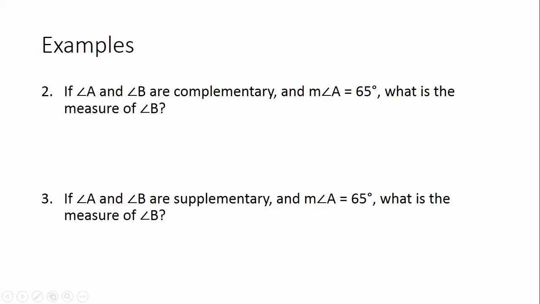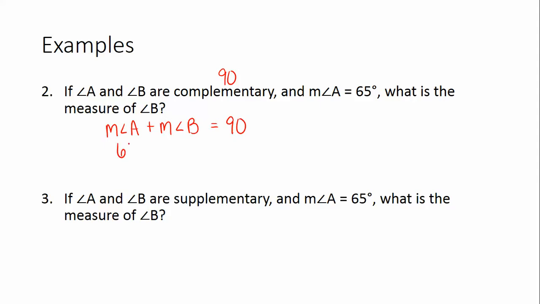Next we have two different problems. Please write these down so that you have something to look back on when you do your homework. If angle A and angle B are complementary, and the measure of angle A is 65, what's the measure of angle B? The biggest thing to remember here is that complementary means they add up to 90. So the measure of angle A plus the measure of angle B equals 90.